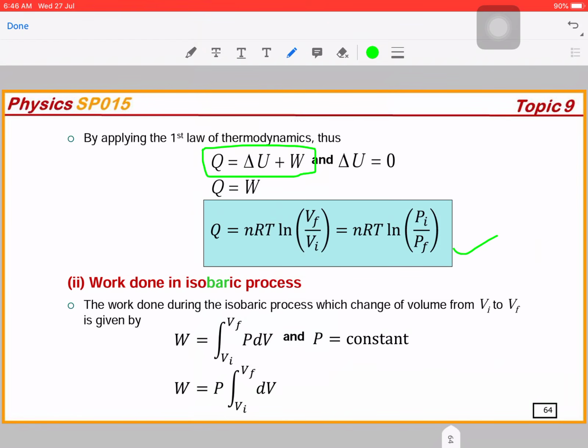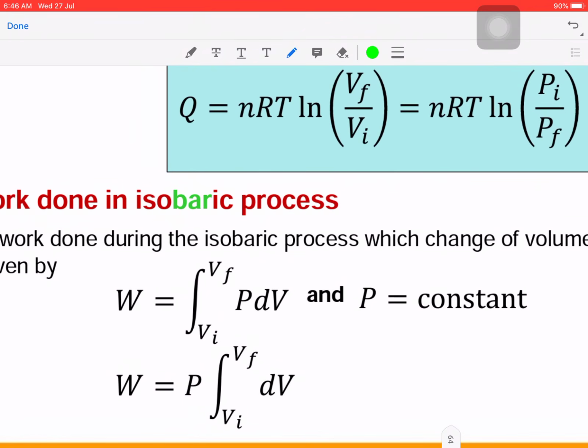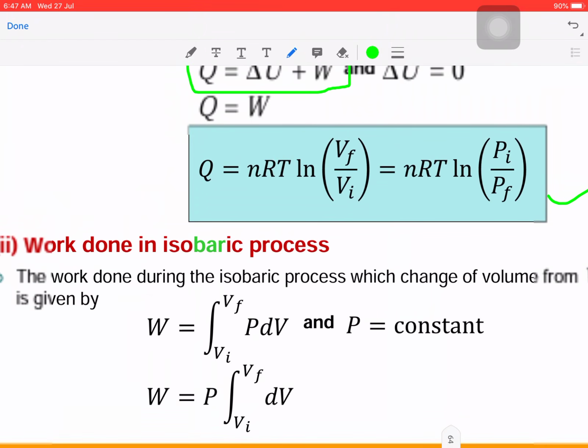Okay. And then work done in an isobaric process. The work done during the isobaric process with change of volume from Vi to Vf is given by W equals the integration from Vi to Vf of P dV, where P is constant. Okay, so we take P out.